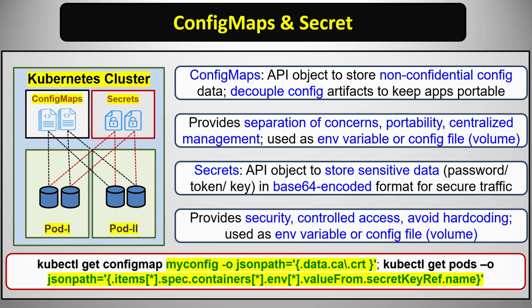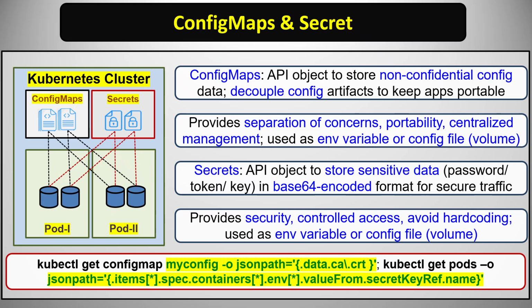The sensitive information isn't hard-coded into your container. Then we have controlled access, that is, only authorized pods or users can consume them, and we can also use role-based access control. Then we have flexibility. Just like configuration maps, secrets can be exposed to containers either as environment variables or as a file in a mounted volume.